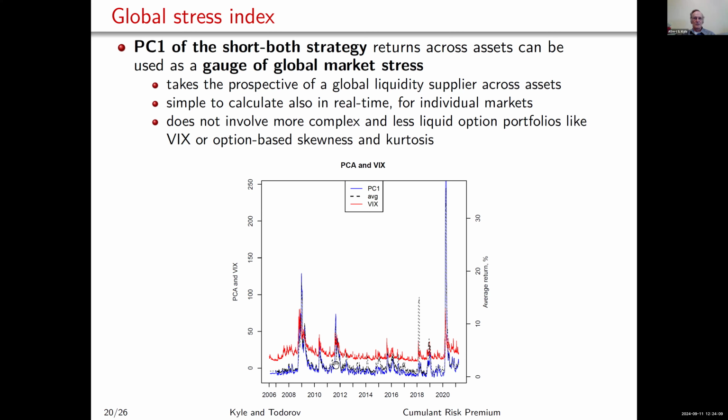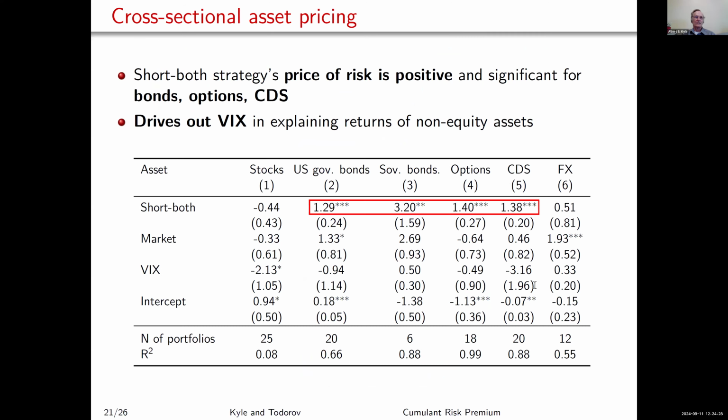Then it settles back down, spikes up again in the Euro crisis, as does the VIX, settles down again, spikes up big time during the COVID crisis, as does the VIX. So it looks a lot like the VIX, and we think it's actually better than the VIX as a measure of global market stress.